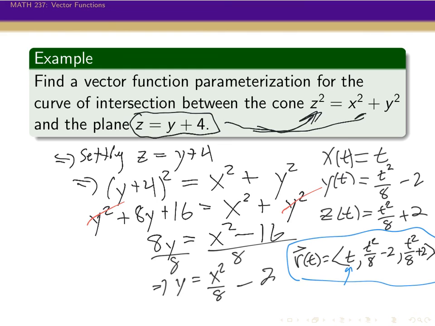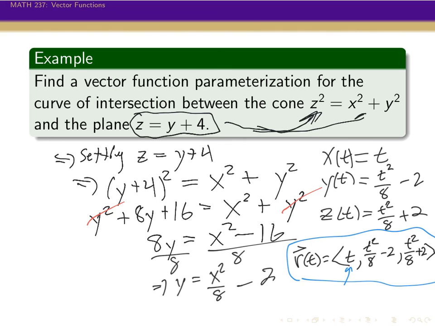And the types of shapes you can get from a conic section are either circles or ellipses, or hyperbolas or parabolas. And looking at this, since it can't be a circle or an ellipse, and it also can't be a hyperbola, because the x value says this is all going to be in one piece, not in two pieces like a hyperbola is. So this has to be a parabola.